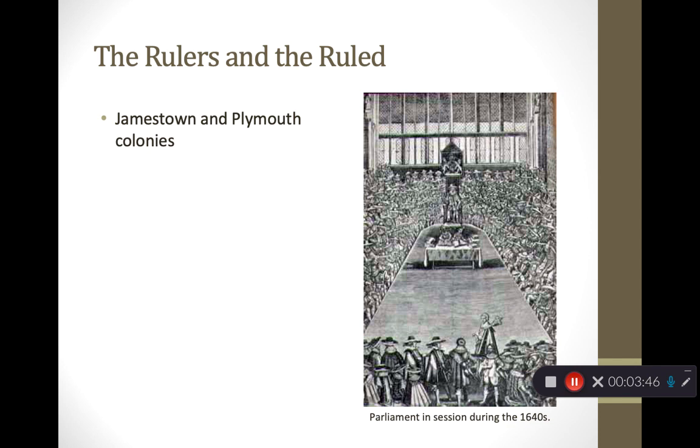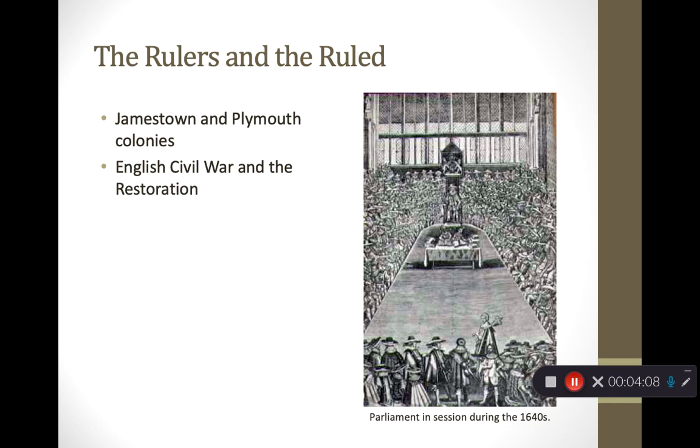Sections 3 and 4 might seem like they veer off topic. They spend quite a lot of time looking at political and social developments in England itself, and you might wonder why we need to go so deeply into English history in a course on US history.